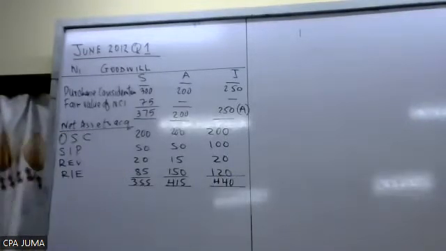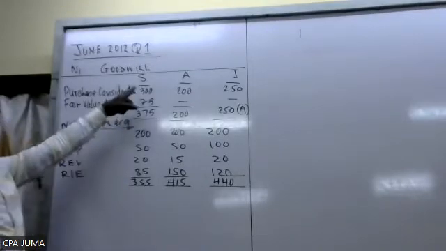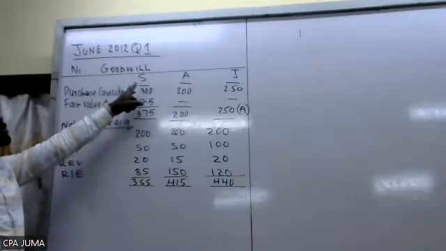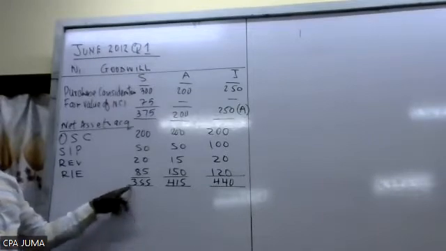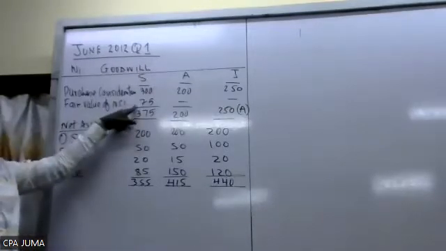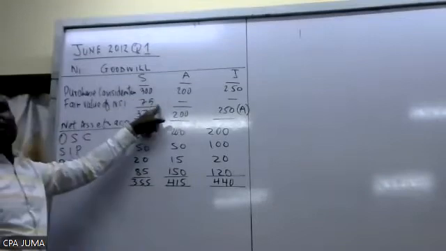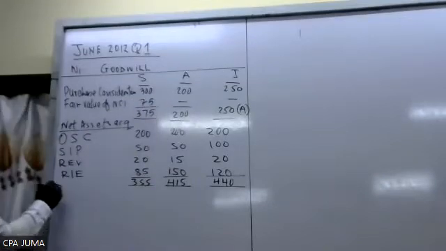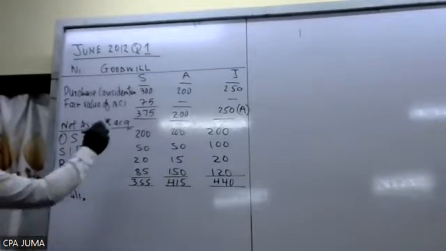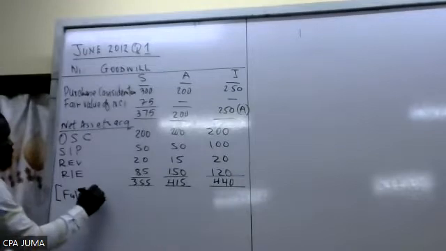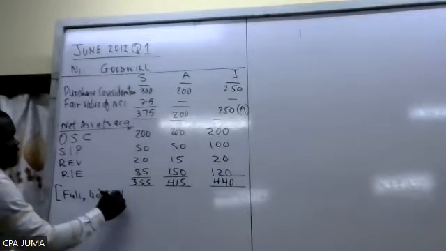Then now you take the percentages acquired. In S, the parent acquired 80%, but now for net assets we will not take 80% because it is the full method. Full method means we have added minority. When you add parent plus minority, it gets to 100. So here I'll say full, A 40, J 50.